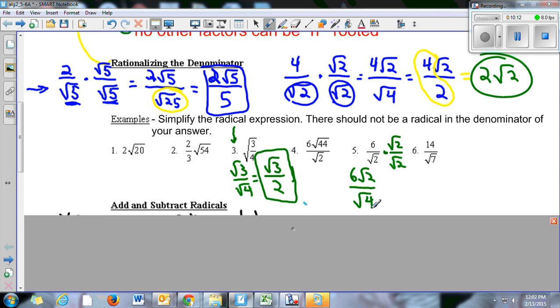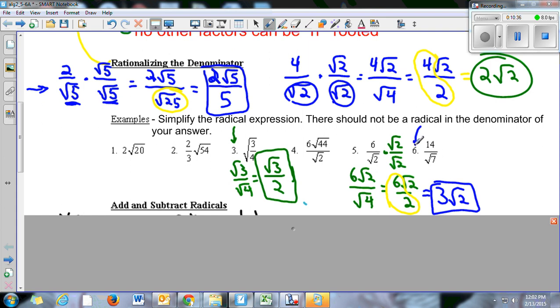That's the square root of 4, and I know that the square root of 4 is 2. Again, extra fun for you and for me. 6 on top, 2 in my denominator. I know that I can divide that out and get 3. My square root of 2 has not changed, and so I've got that answer.